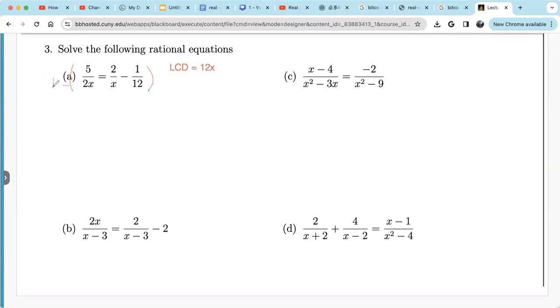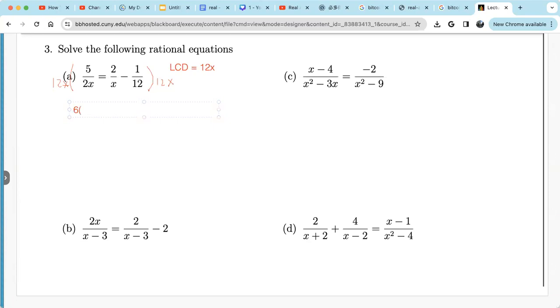We multiply 12x on the right-hand side, and on the left-hand side, both sides. So when we do that, we cancel the denominator, right? 12 divided by 2, that's 6. x divided by x, that's 1.